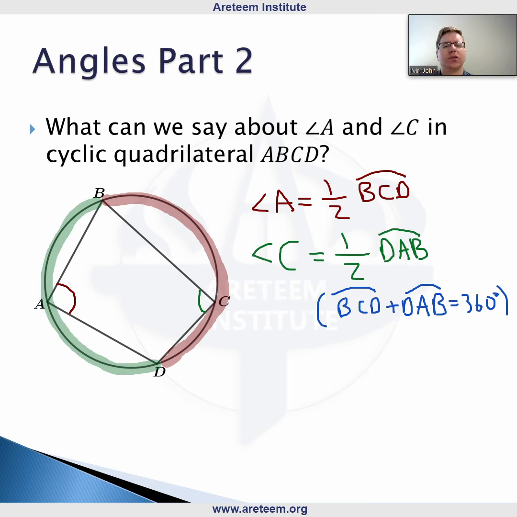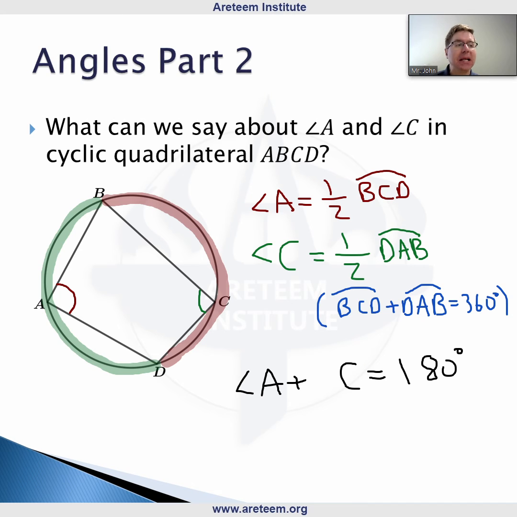So we have a full circle there. And that's giving us the punchline here that our two angles actually just add up to 180 degrees. So angle A plus angle C. If you wanted to show the work, they add up to 1/2 of a full circle. So they add up to 180 degrees in this scenario.